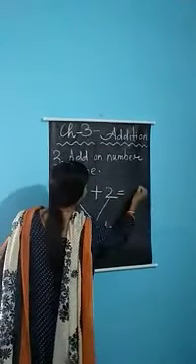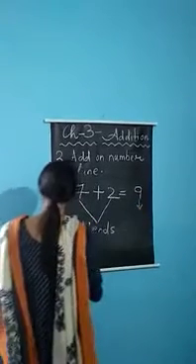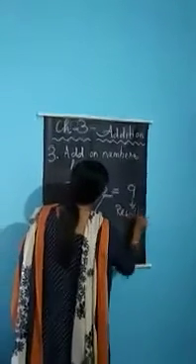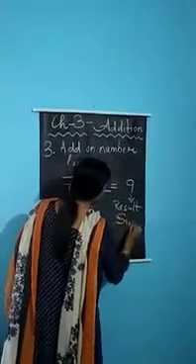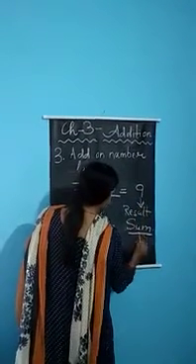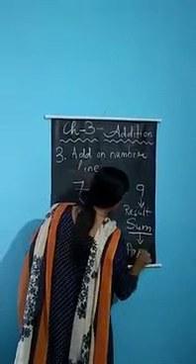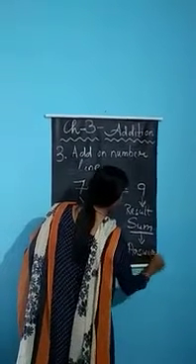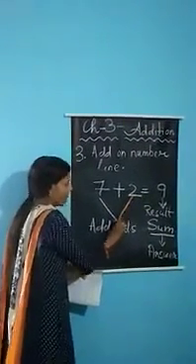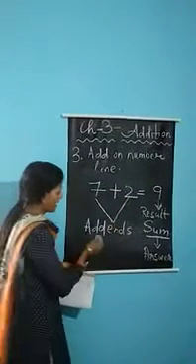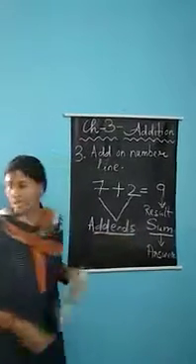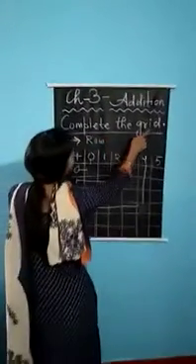And the result, the answer, is called the result or the sum. The 2 numbers, or 3 numbers, or 4 numbers that we are adding are called the addends. So children, you will complete the grid.